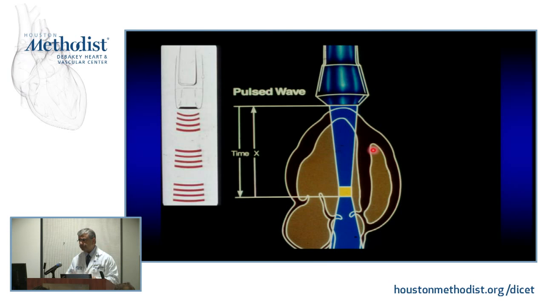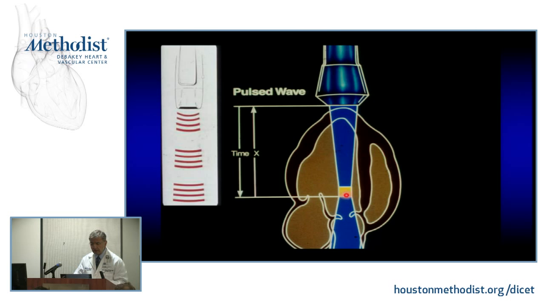Pulse Doppler. From the name, it is pulsating. What does it mean? It means I'm sending a packet of ultrasound. It goes down, it travels, and ultimately it's going to come back. The beauty of pulse Doppler is I can decide where I want to listen.